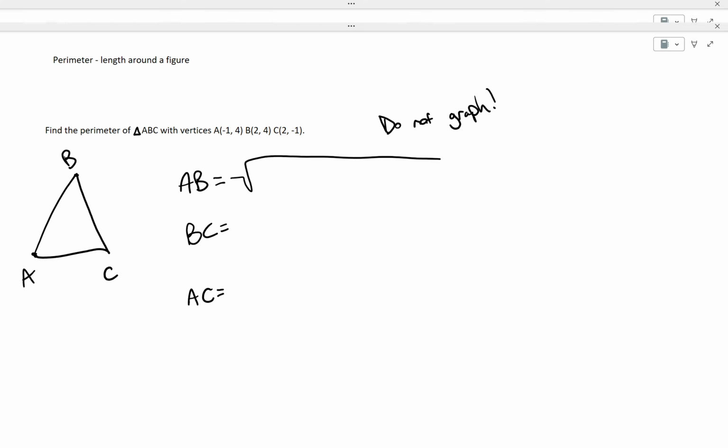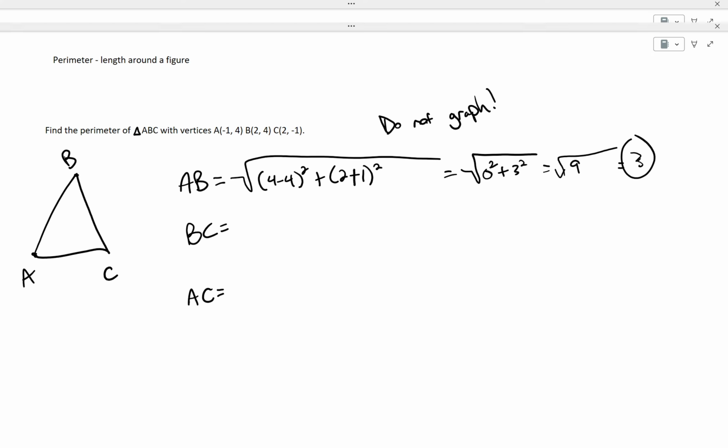So I have the difference of the y's, 4 minus 4 squared plus 2 minus 1, or 2 plus 1 squared, big square root. 4 minus 4 is 0, plus 2 plus 1 is 3, and that's going to be squared. My 0 is technically squared too, but 0 squared is just 0. Big square root of 0 plus 3 squared, which is 9, and the square root of 9 is 3.